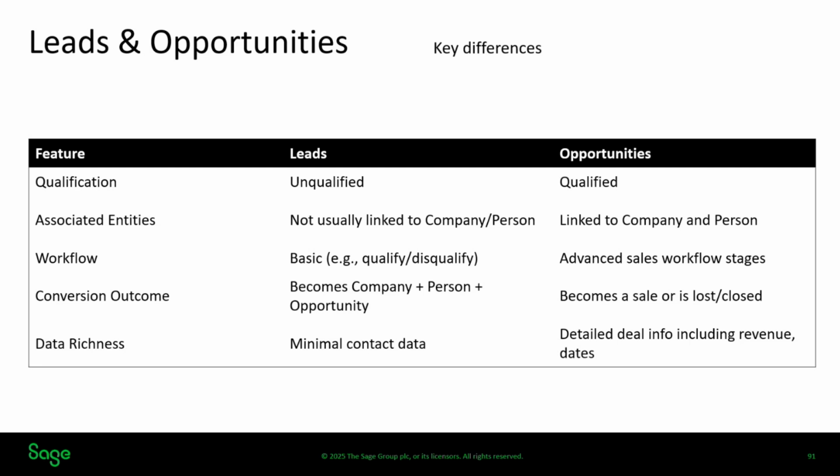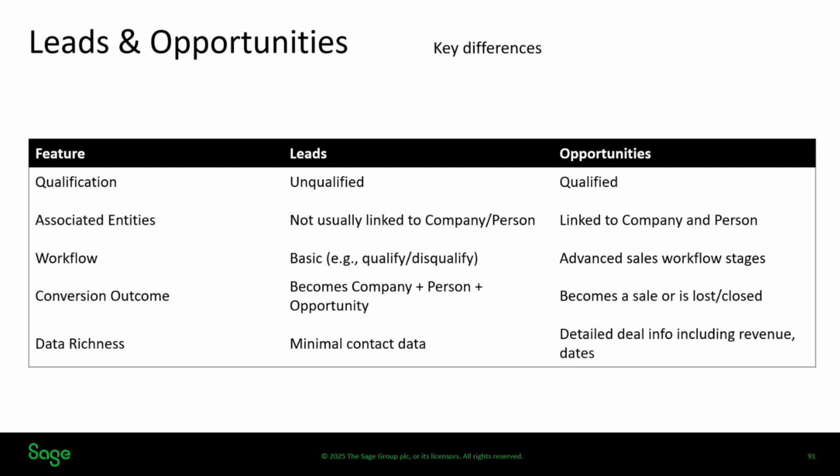So if we think about the nature of something that is a qualified sales opportunity, these are mostly leads. Opportunities are mostly dealing with qualified information. Opportunities are, if you like, the real deals that are potentially up for grabs. We look at the idea of a lead. They are not, until nearly closure, linked to a person or opportunity.